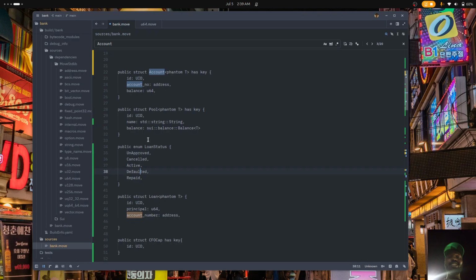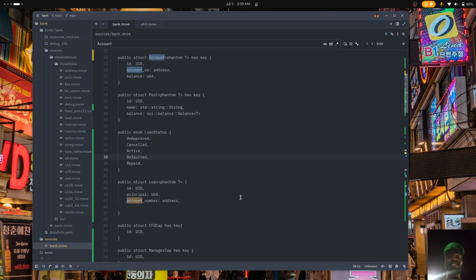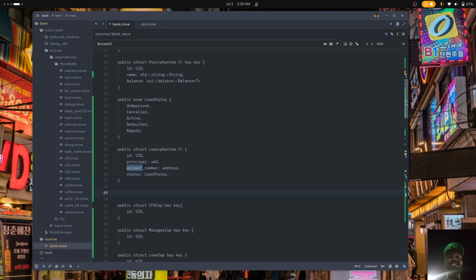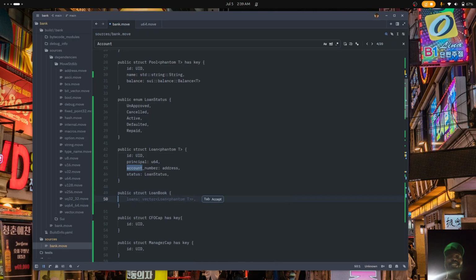So this loan should sit in a DB, right? So yeah, the loan book. Is good as key.